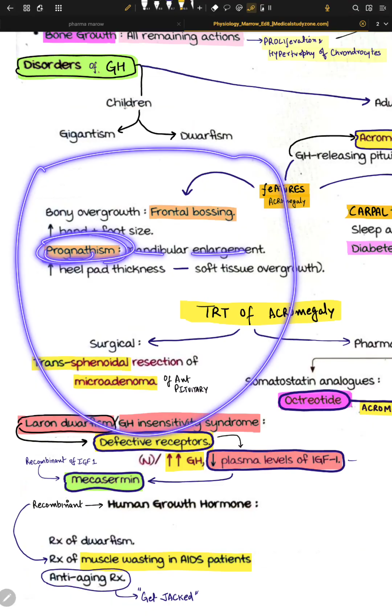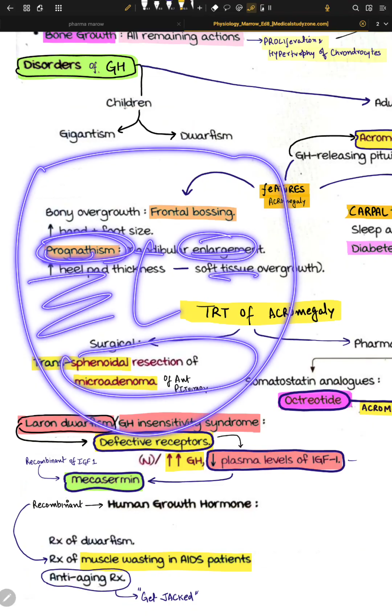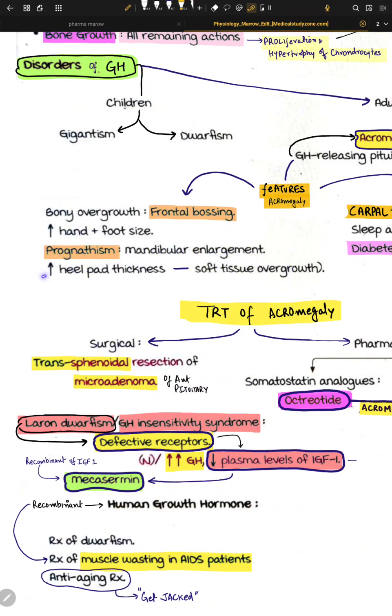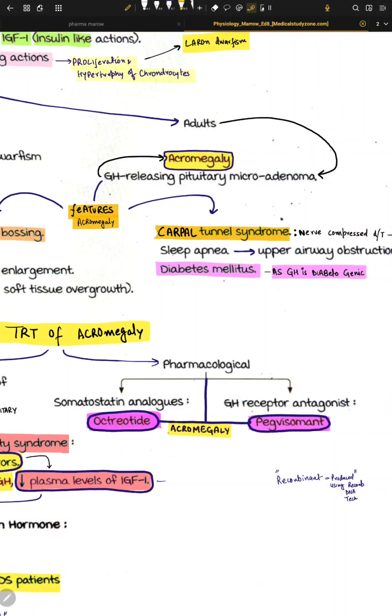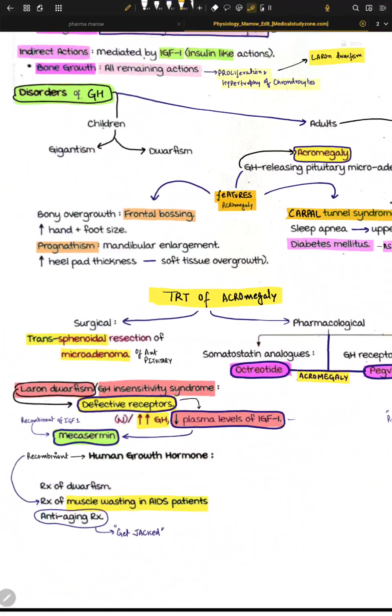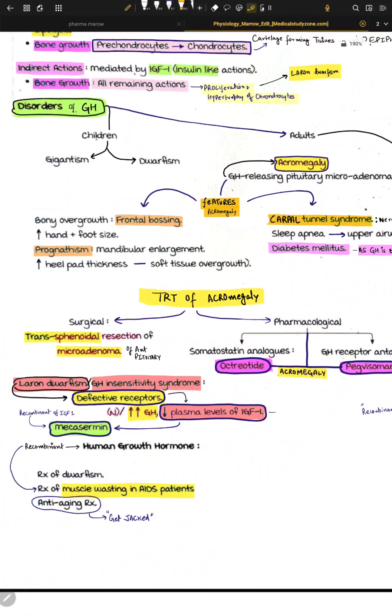Here the bone will be enlarged. Cool. Heel pad thickness, because soft tissue overgrowth will happen. This usually happens if you exogenously give a lot of GH, or you have some sort of microadenoma at your anterior pituitary. So try not to mess with GH.